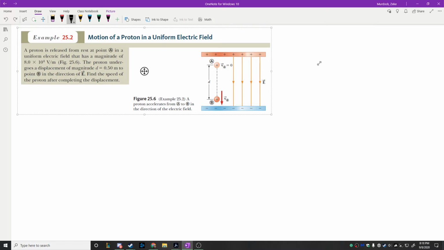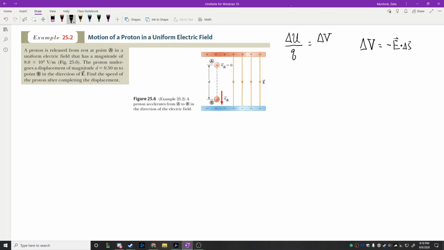So let's write down the relationships that I've told you so far. One of the ones we wrote down was that the change in potential energy is connected to the change in voltage, as long as I divide the potential energy by Q. And the other relationship that we had was that delta V was equal to, if it's a uniform field, negative E dot change in S, where change in S is basically displacement.